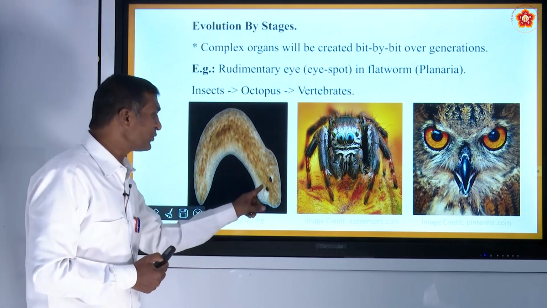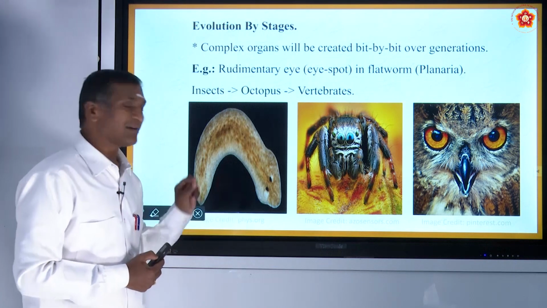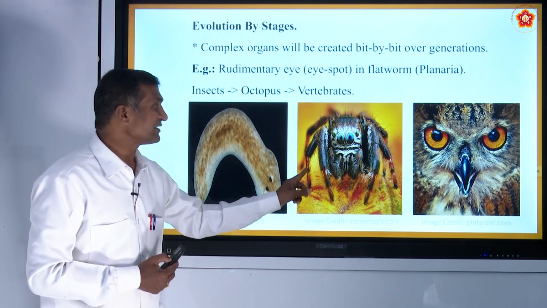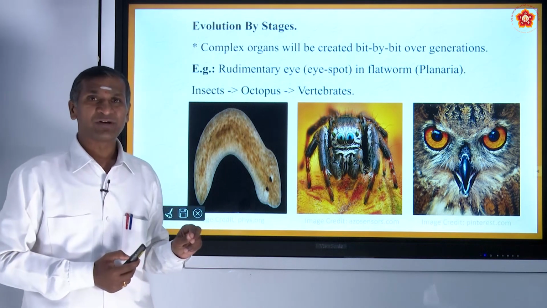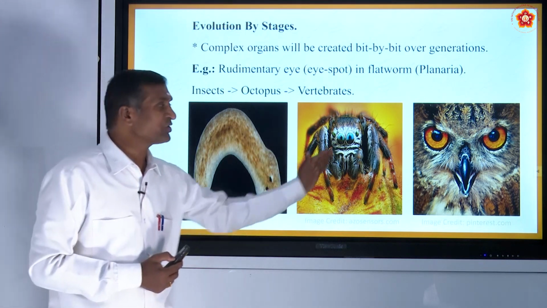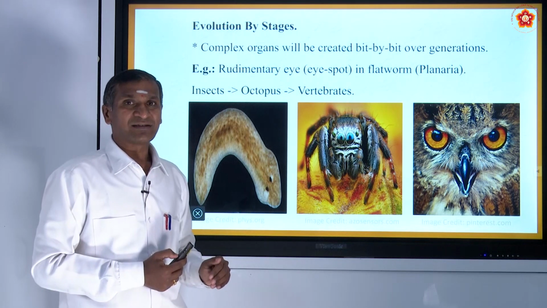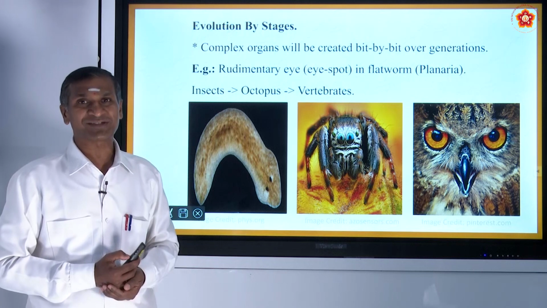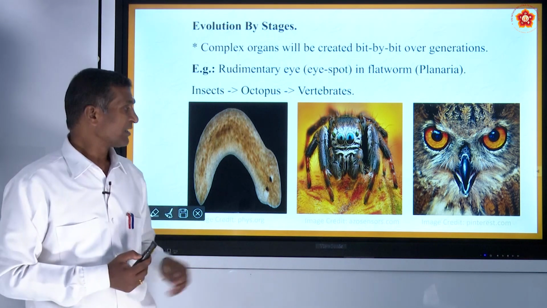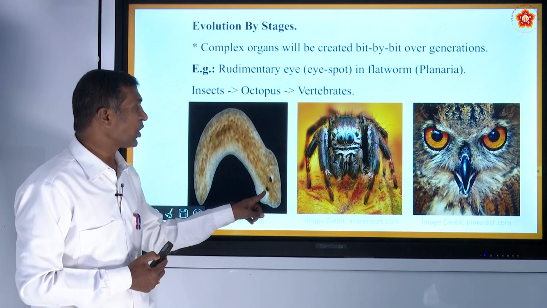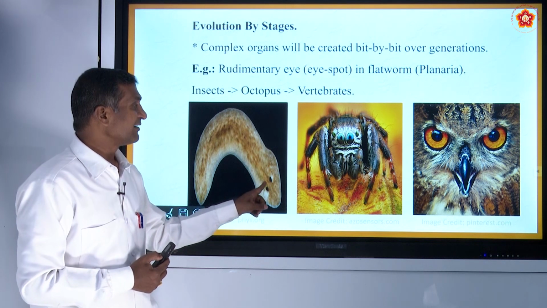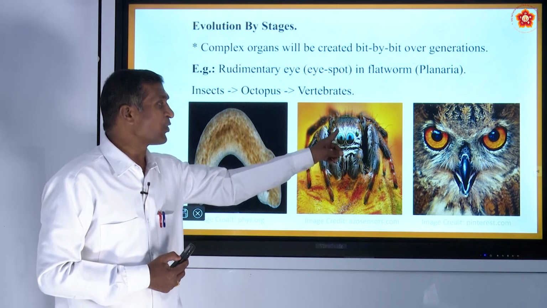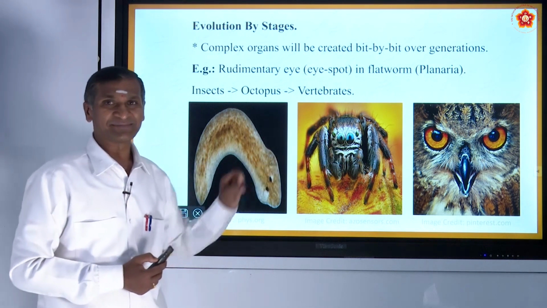See, just a rudimentary eye or an eye spot in the planaria, but as the evolution took place, the complexities in the structure of the organism started to improve. A rudimentary eye spot in planaria, when you observe the spider, you can observe more clearly the eye.